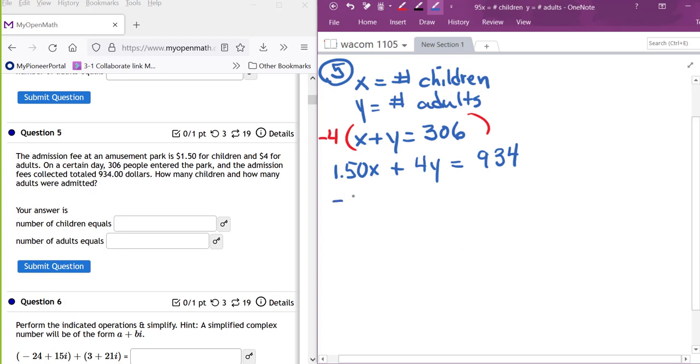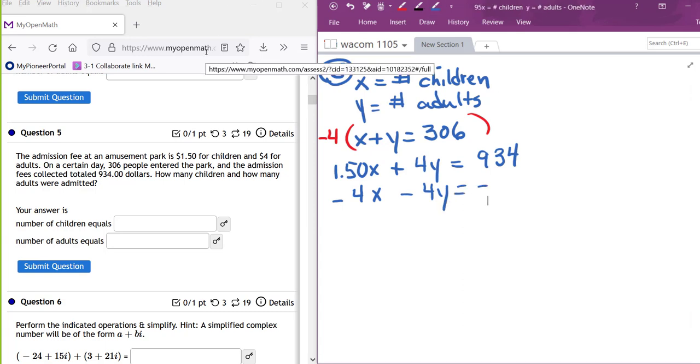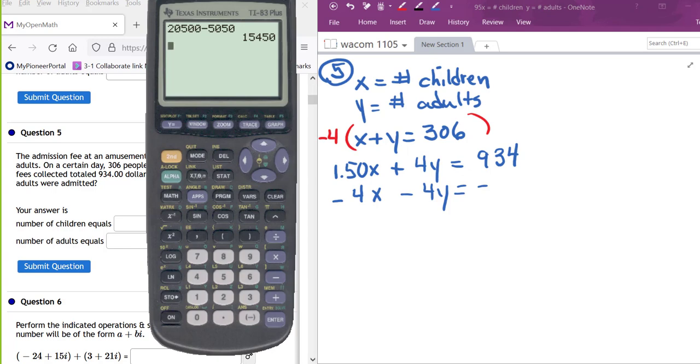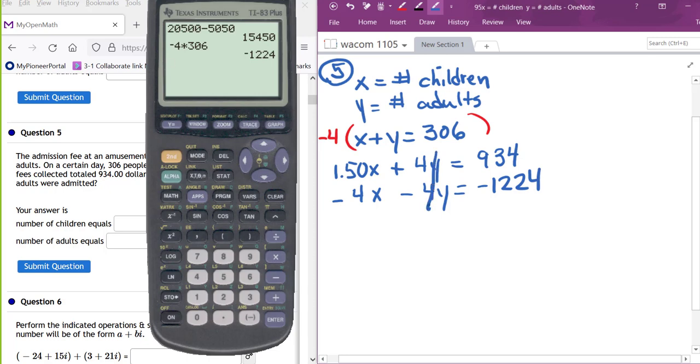So we have -4x, -4y, and -4 times 306 which is -1224. It's okay that those are negative because you're going to have 2 negatives at the end.